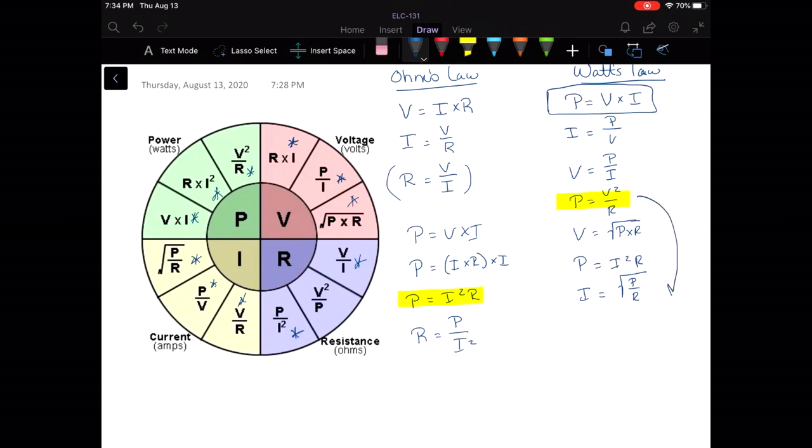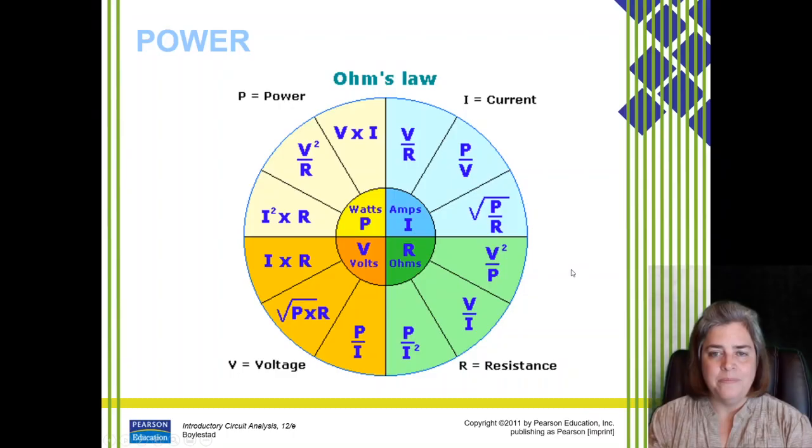And here, if I multiply both sides by R, I get R times P equals V squared, and then divide by P: R equals V squared over P. So this is where all these equations come from. However, they are really nothing more than V equals I times R and P equals V times I.